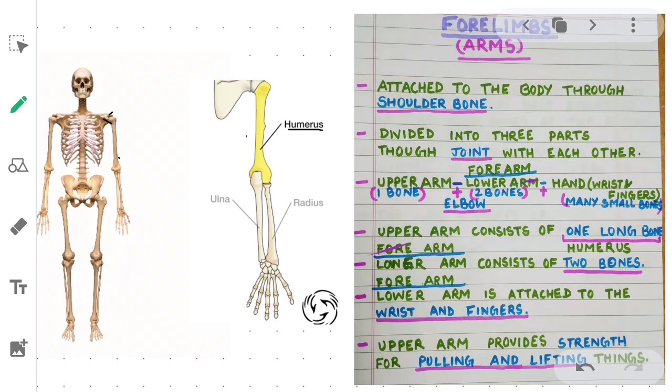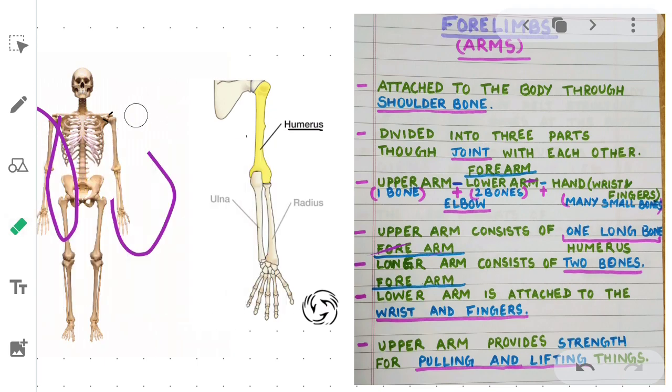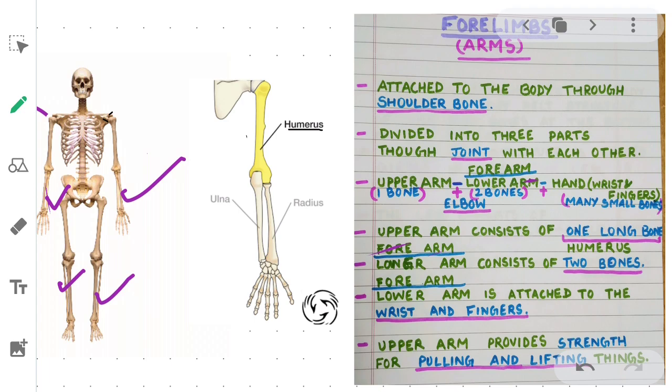Let me tell you, the arms are the forelimbs. These 2 are the forelimbs present in the human body, and these 2 are the hind limbs, which are the legs present in our body.